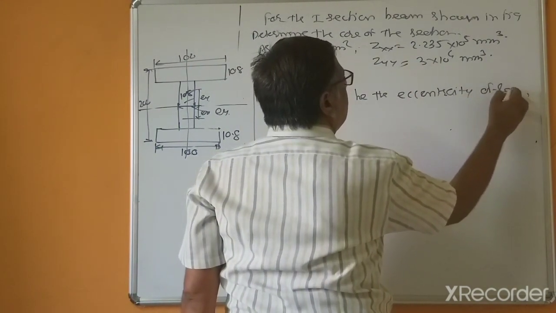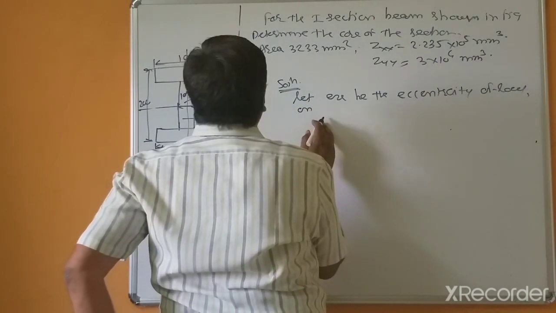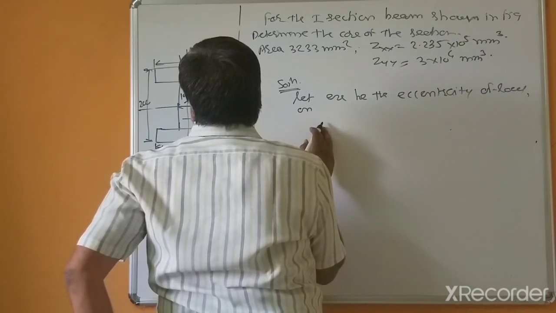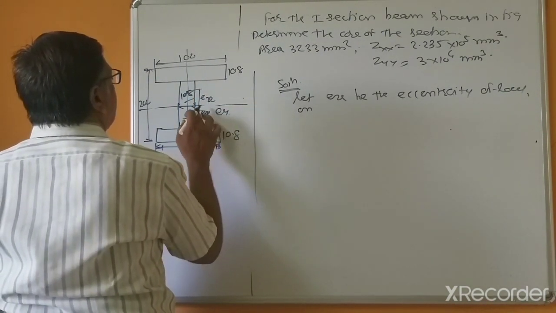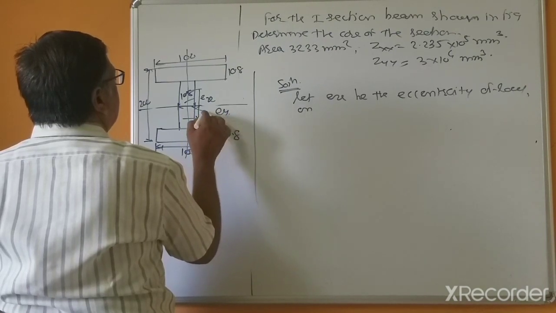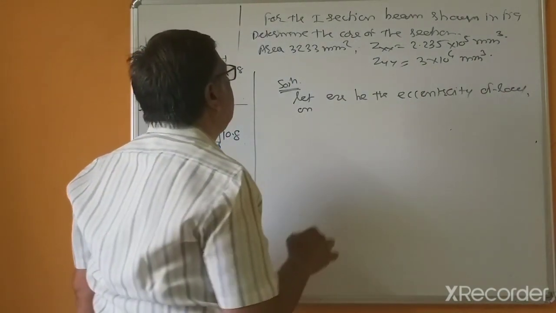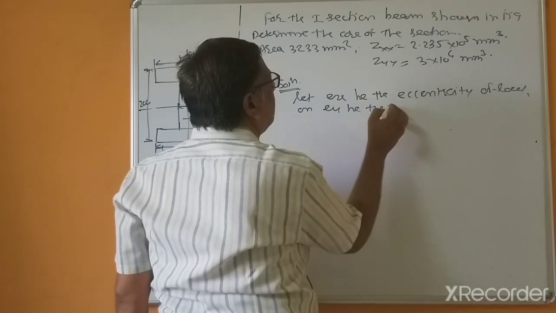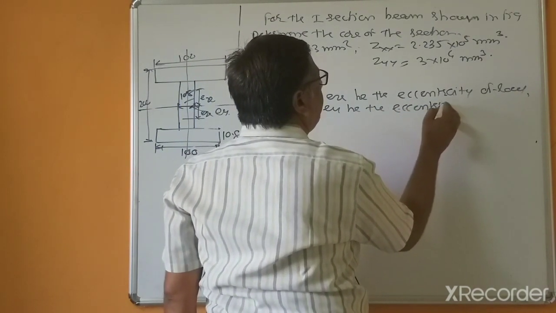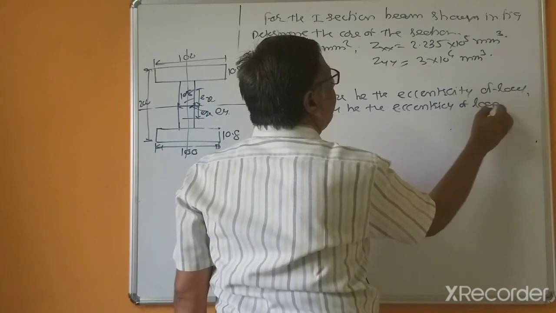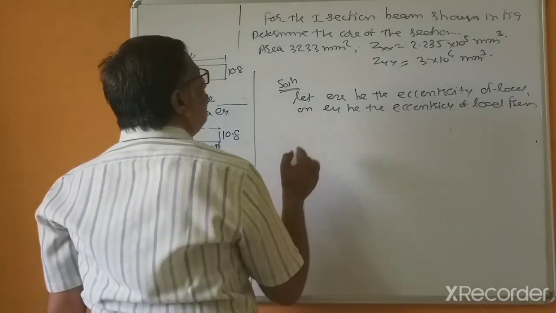This is Ex and this is Ey, right? And Ey be the eccentricity of load from the y axis.